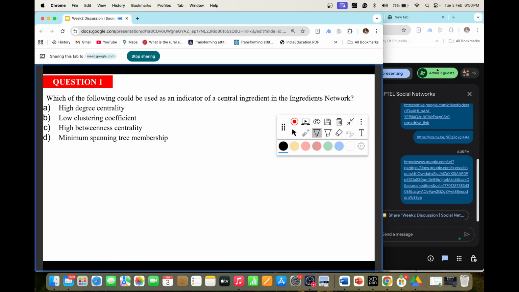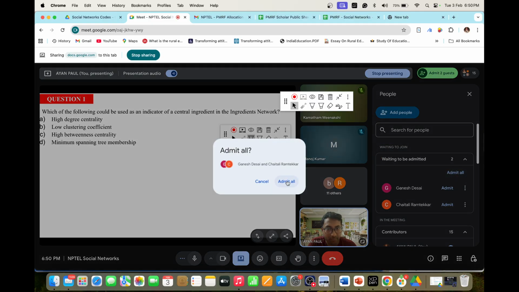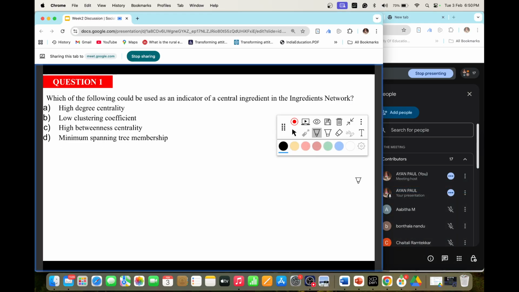Okay, people are joining. So, which of the following could be used as an indicator of a central ingredient in the ingredient network? High degree centrality, low clustering coefficient, high betweenness centrality, and minimum spanning tree membership.